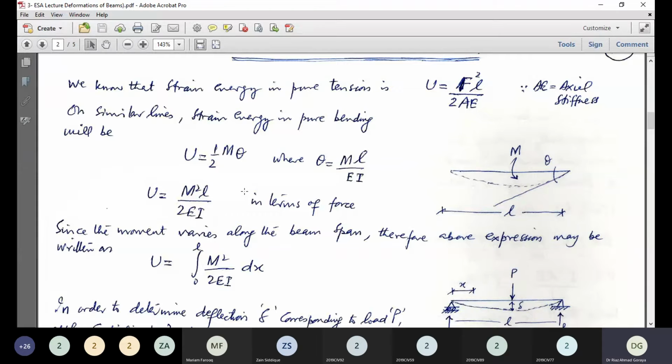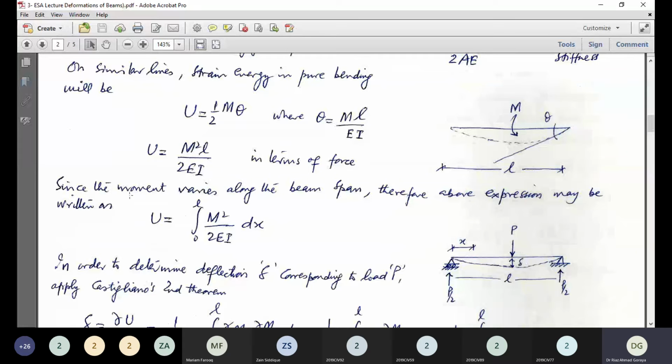Now we know that the bending moment in a beam varies along the span. It is not constant most of the time. So a more rational representation of this equation: since the moment varies along the beam span, the above expression may be written as strain energy equal to the integral from 0 to L, which is the span of the beam, of M square over 2EI into dx.